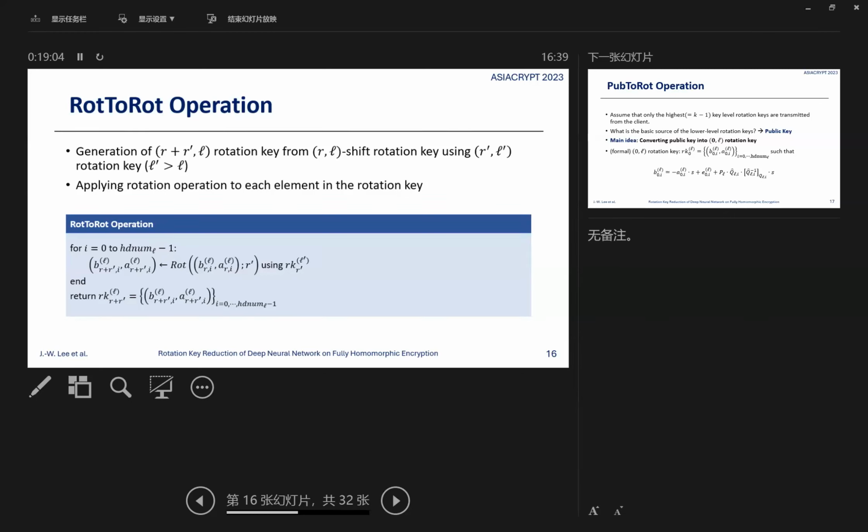Note that the rotation key for this root-to-root operation has to be in the larger key level modulus. This is a simple operation: applying the rotation operation to each element in the rotation key, as in the previous slide. This is the abstract algorithm for the root-to-root operation, and this is the simple shortcut for it.